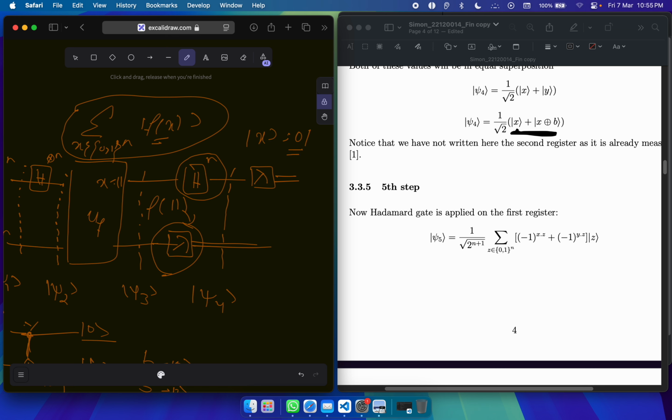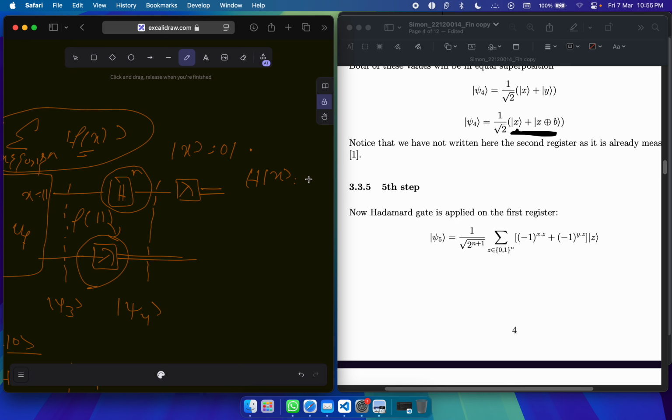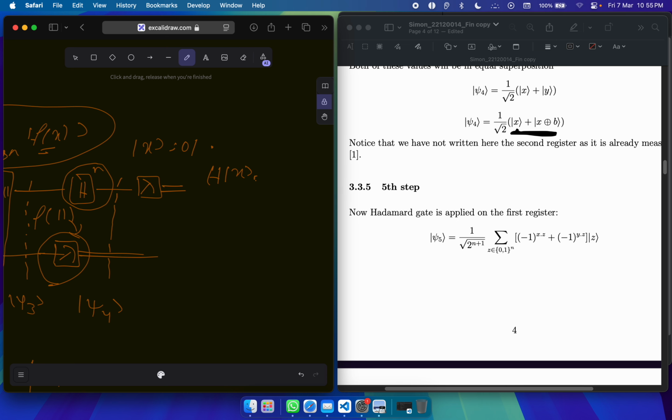Then applying Hadamard on this x should now give us the same superposition, where this is now denoted with z, because each x is going to generate further states.